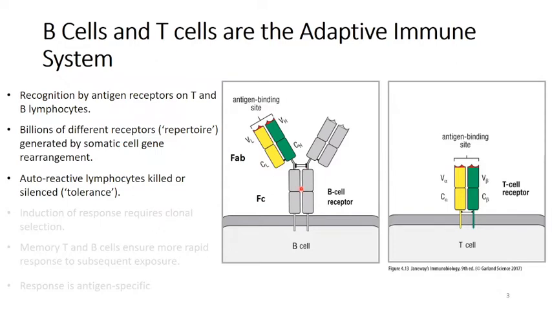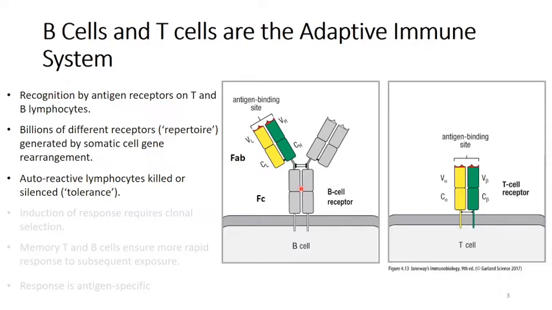The key difference between antigen receptors and pattern recognition receptors is that there are billions and billions of different antigen receptors, and that collection of different receptors is called the repertoire. It's different to the innate system because these antigen receptors are not hardwired into the genome. The gene segments are in the genome, but they only come together in the maturing lymphocyte.